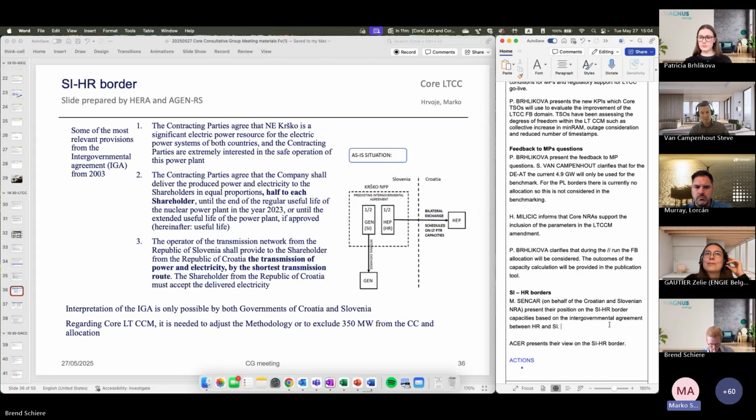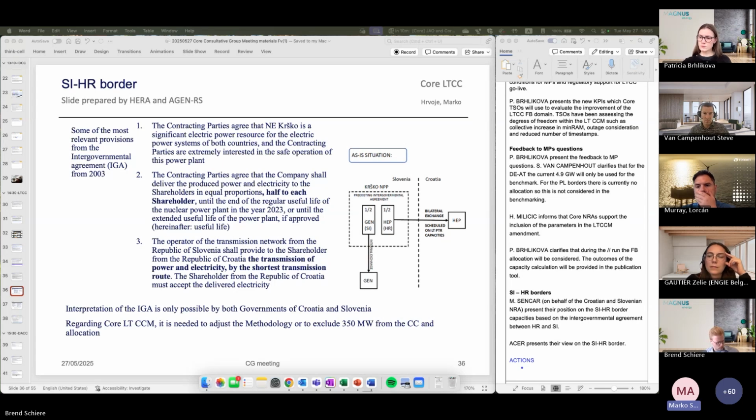From the first transparency, which was already presented, there are only two important things. One is that the intergovernmental agreement gives the right to each of the two shareholders of nuclear power station Krško on the energy and on the capacity.